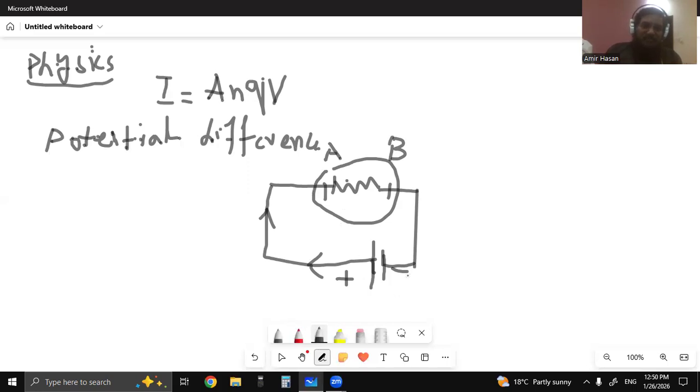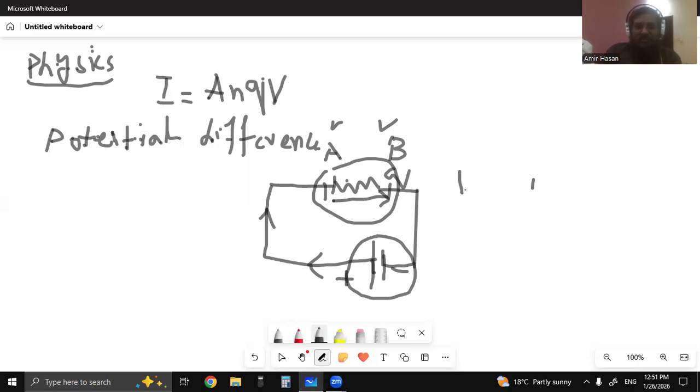When the battery or cell transfers energy to the resistance between these two positions, on the charges moving along the resistance, this is called the potential difference.